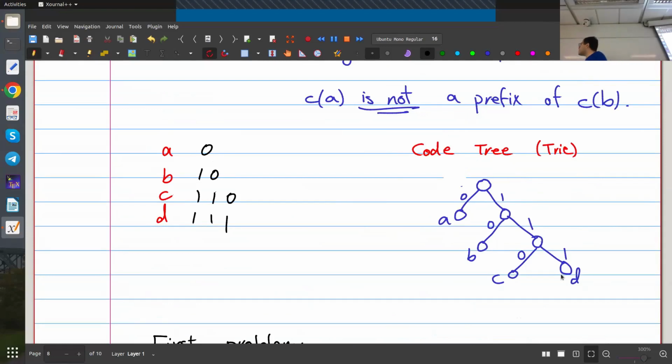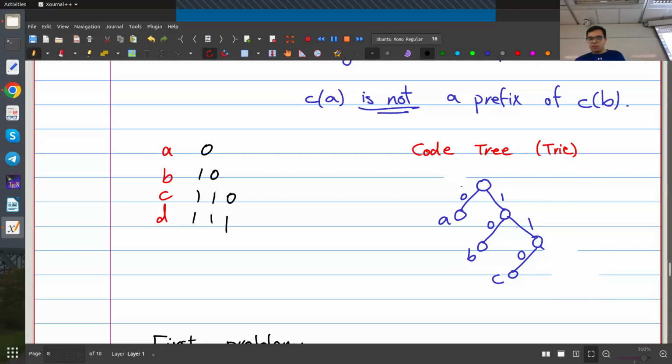Another way of seeing this is suppose that I have only one leaf at the lowest possible level. So suppose that I don't have this leaf here. I only have something like this, right? I could make my code shorter. I didn't need this last extra edge, right? If I didn't have this one, why would I create a tree like this? I don't need this 0.